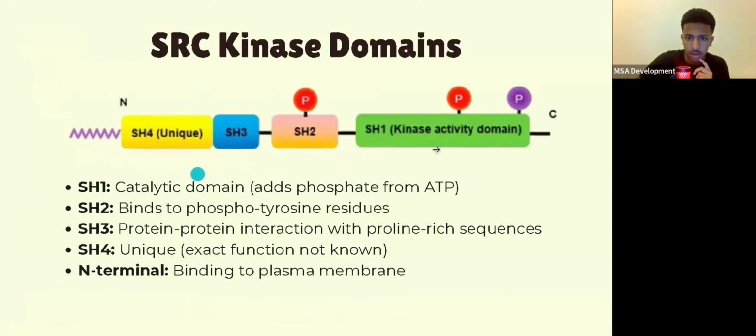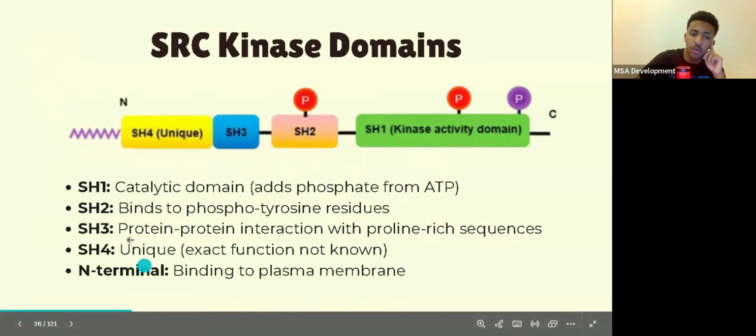The first domain is the SH1 domain, and it's the catalytic domain, and it adds a phosphate from ATP. The second one binds to phosphotyrosine residues, SH2. The third one, protein-protein interactions with proline-rich sequences, SH3. And then we have SH4, which is unique.